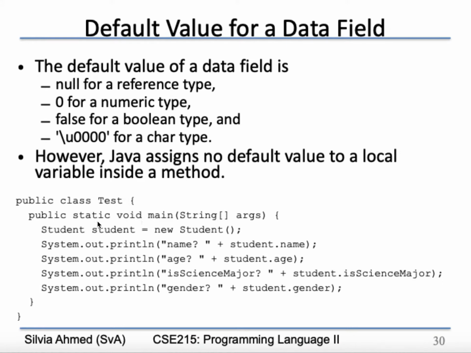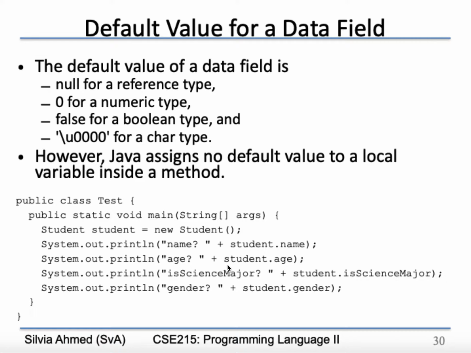So for example, if inside our main method we just create a student with all the default values because we are not passing any parameter, then if we want to print those data fields, for example name, plus student dot name, the default will be printed as null. As a null, we will see in our console that it will not print anything. That will be an empty line.